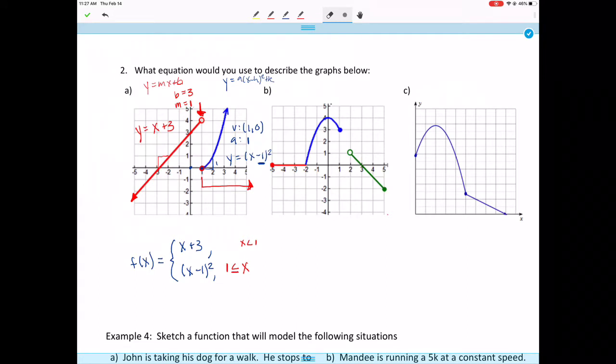So that's the other thing: oftentimes when we have an end point that goes to positive infinity, we would switch this around and we would just say x is greater than or equal to 1. Okay? That's just how we usually write it.